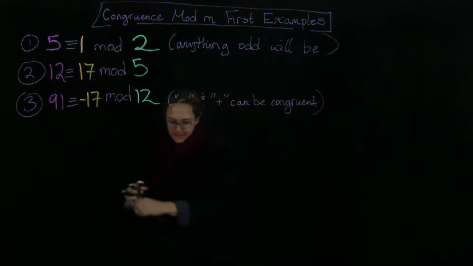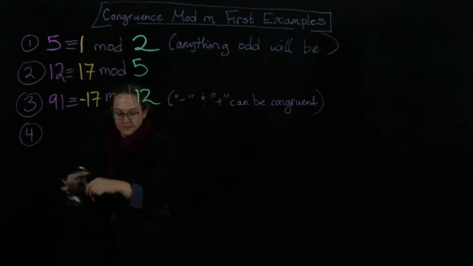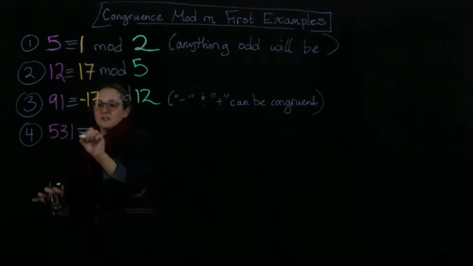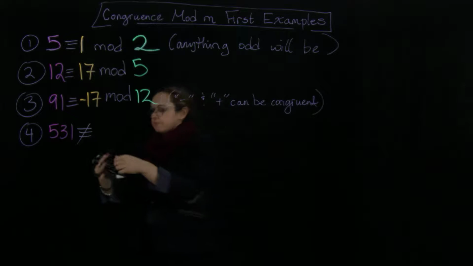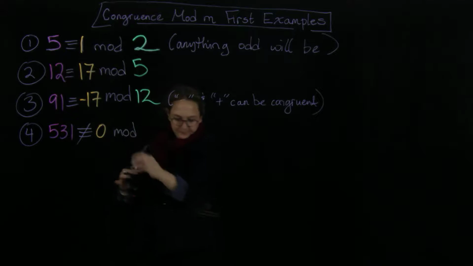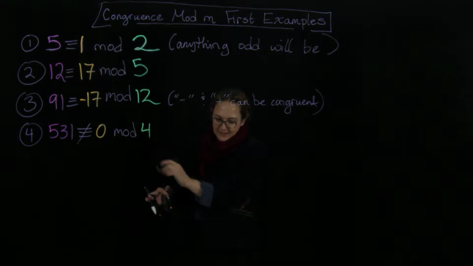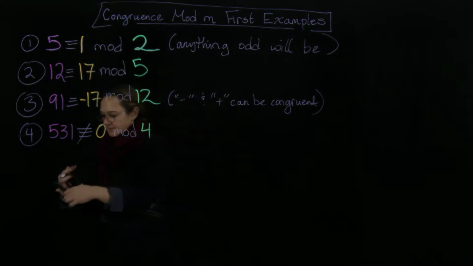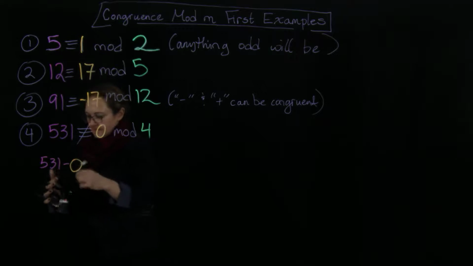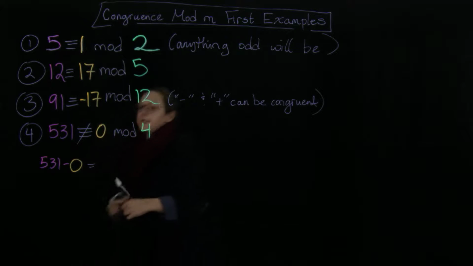Okay, and then we have the last one, which is 531, and we would write it like this: it is not congruent to 0 mod 4. So let's just kind of check that. Okay, because if we take 531 and then we subtract off 0, we're going to get again 531.